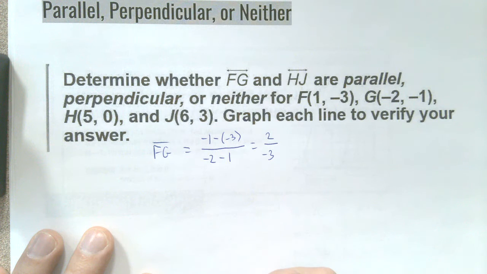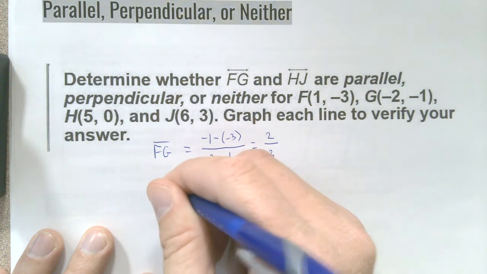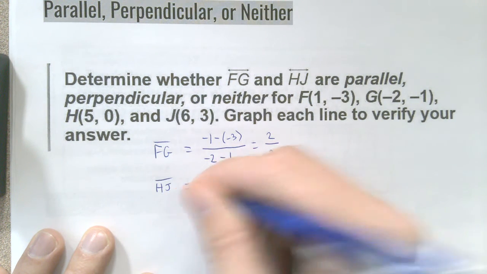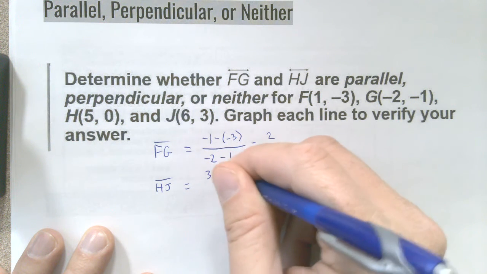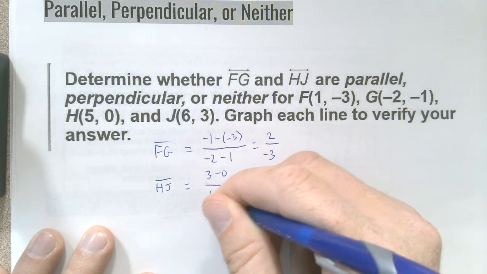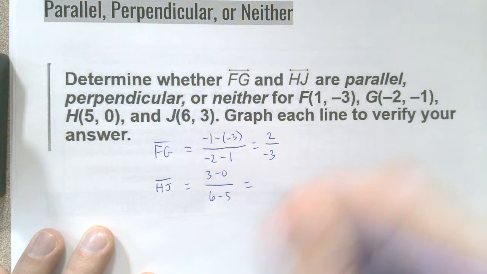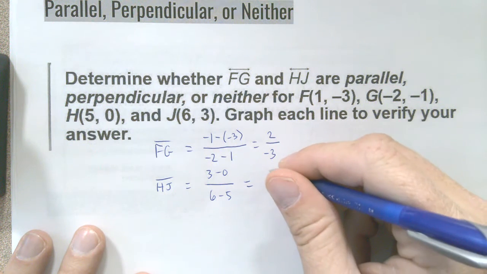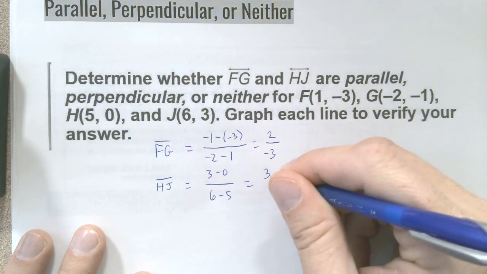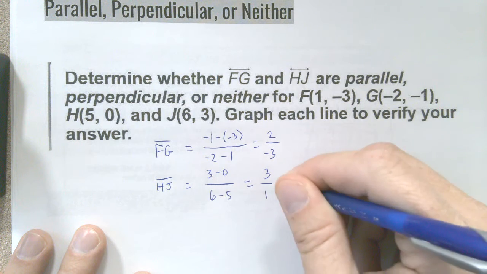I'm also going to do HJ. Again, we're finding the slope here of HJ. So 3 minus 0 over 6 minus 5. That's going to give me 3/1, which is just 3.